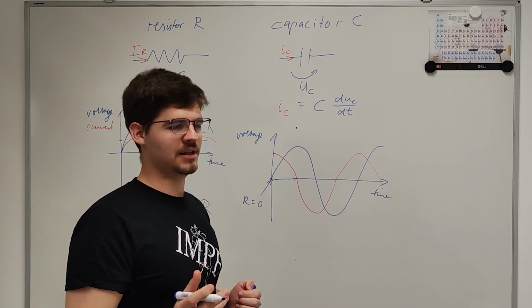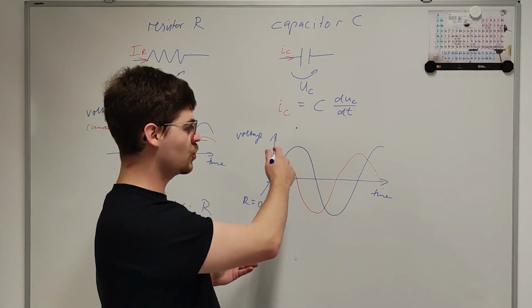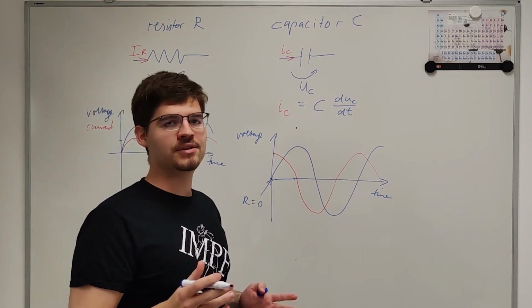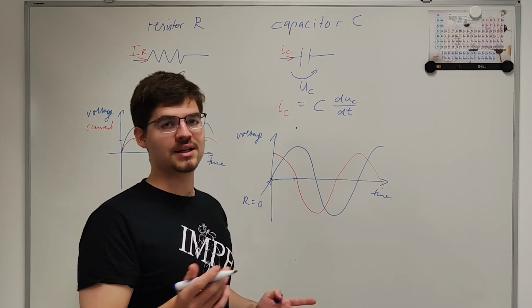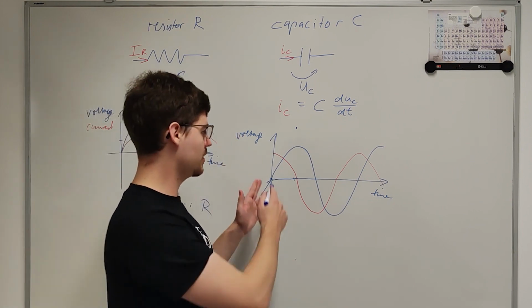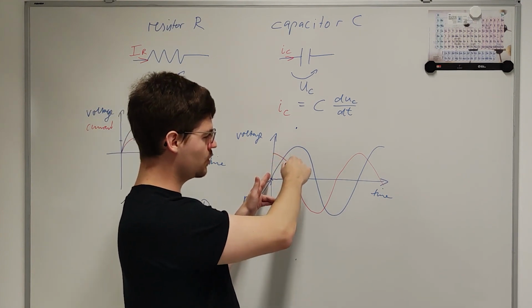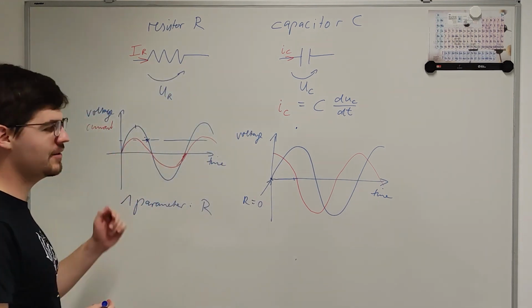We can help ourselves by realizing that these two waveforms are qualitatively similar. They are just shifted. Indeed, they are phase shifted by 90 degrees. So in this particular case, if we imagine the current shift by 90 degrees to the right, then the same calculation as on the left applies.